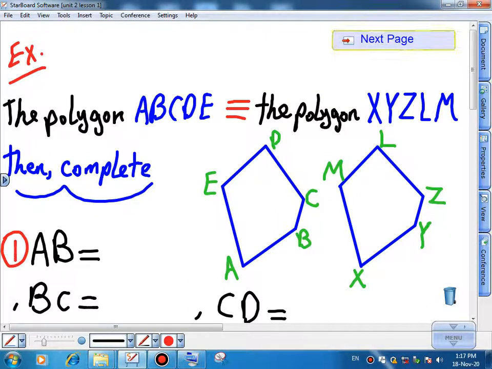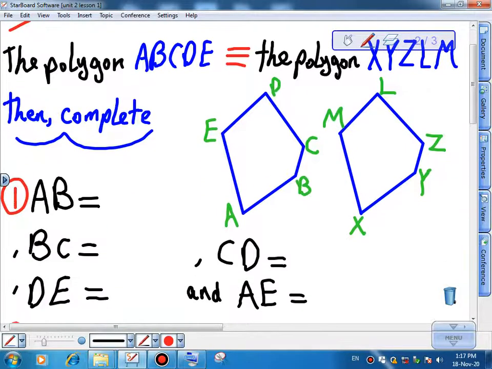Another exercise: polygon A, B, C, D, E is congruent with polygon X, Y, Z, L, M. These polygons have 5 vertices. Okay? It says that the 2 polygons are congruent, complete.